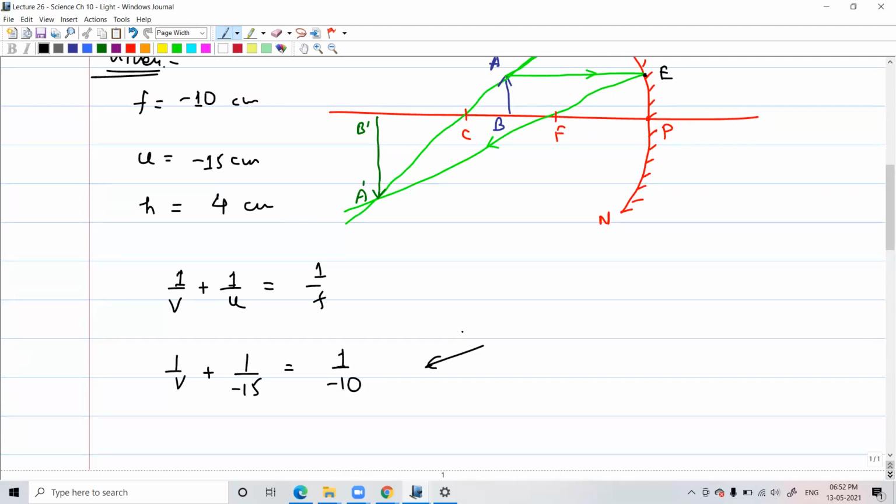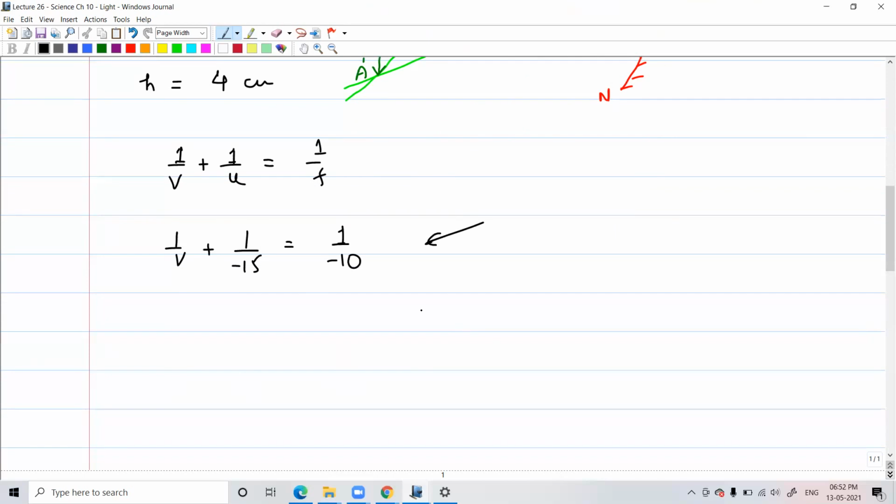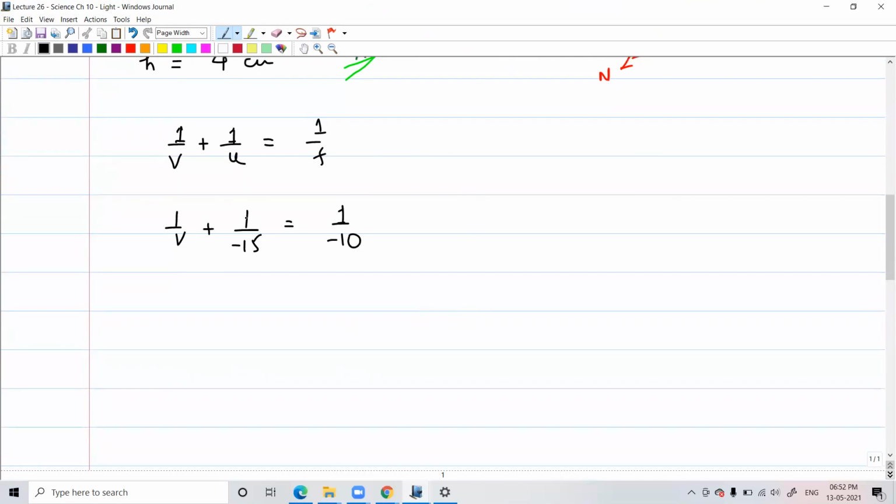Is it okay? Everyone is with me up to this step?